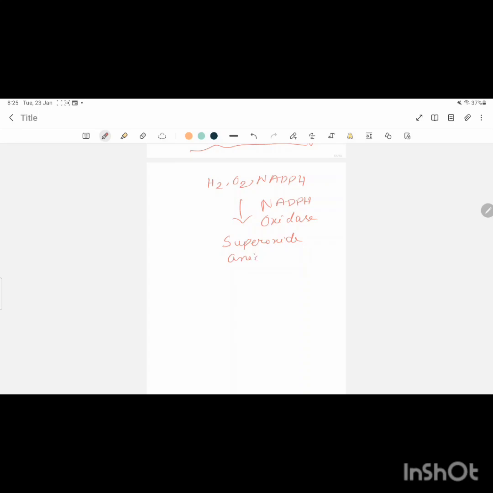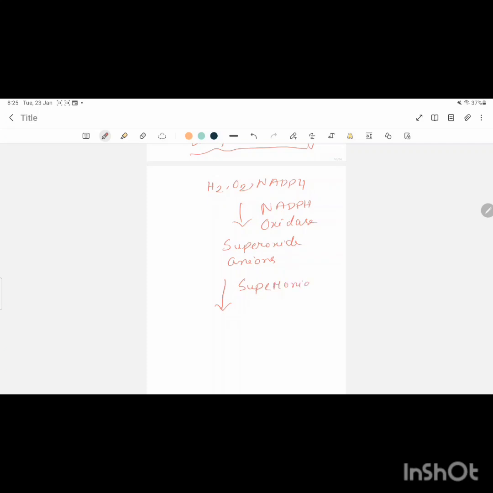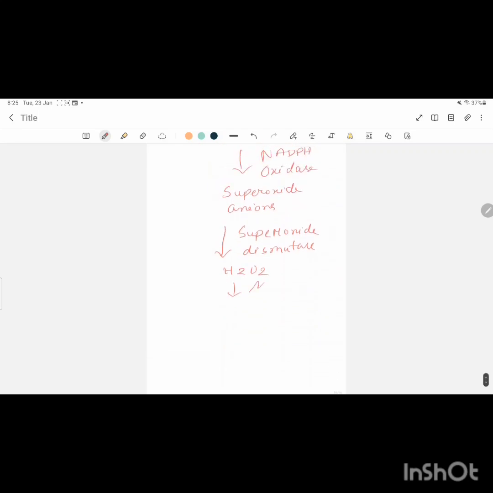This superoxide anion, in the presence of superoxide dismutase, forms hydrogen peroxide. Now this hydrogen peroxide, in the presence of myeloperoxidase, forms HOCl mostly. This is the most powerful bactericidal agent.